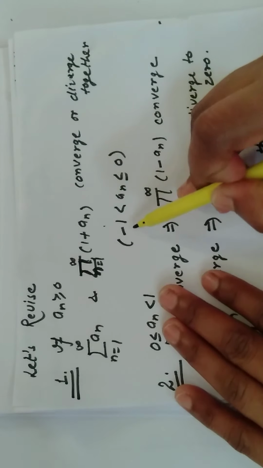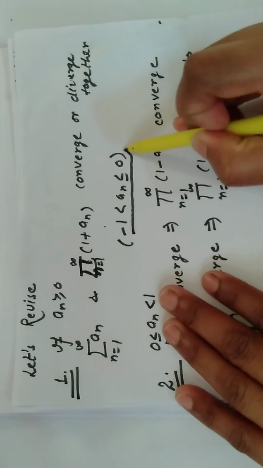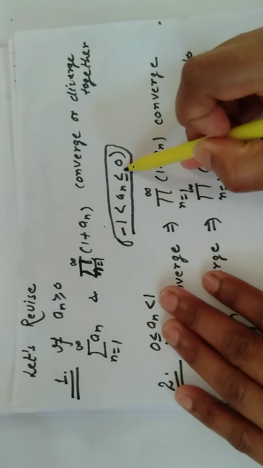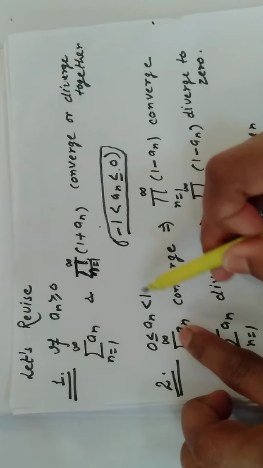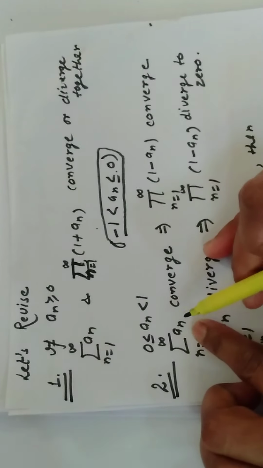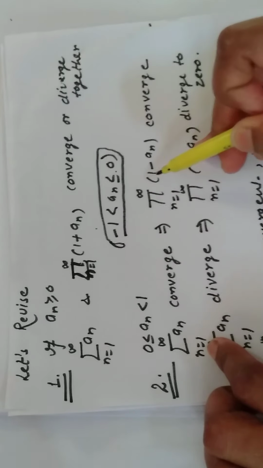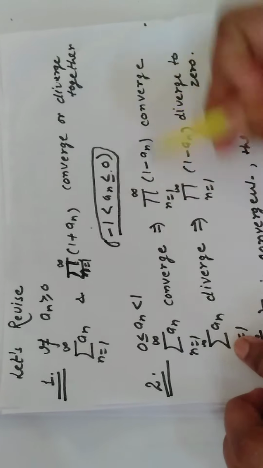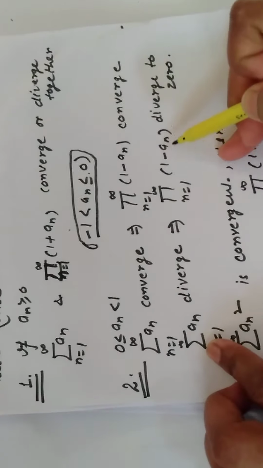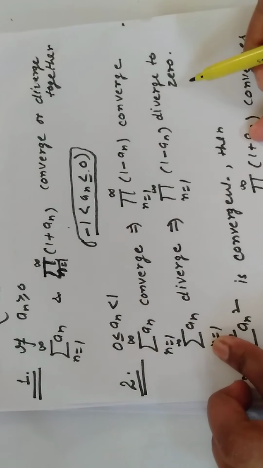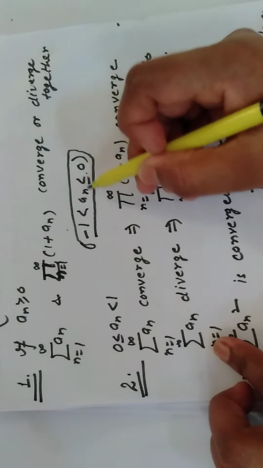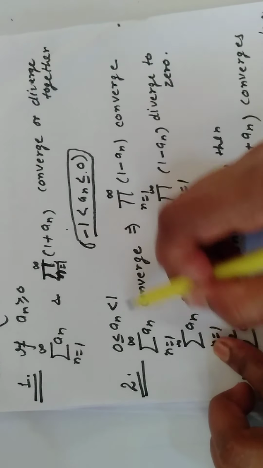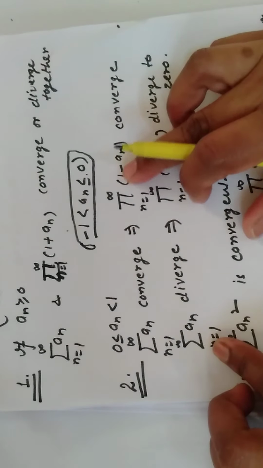Second, which we did in this case, minus 1 less than an less than or equal to 0. I converted that expression into this form. If 0 is less than or equal to an less than 1, then the series summation n converges implies the product converges. It diverges implies the product diverges to 0. Here the product is 1 minus n, so the product is converted into 1 minus n.